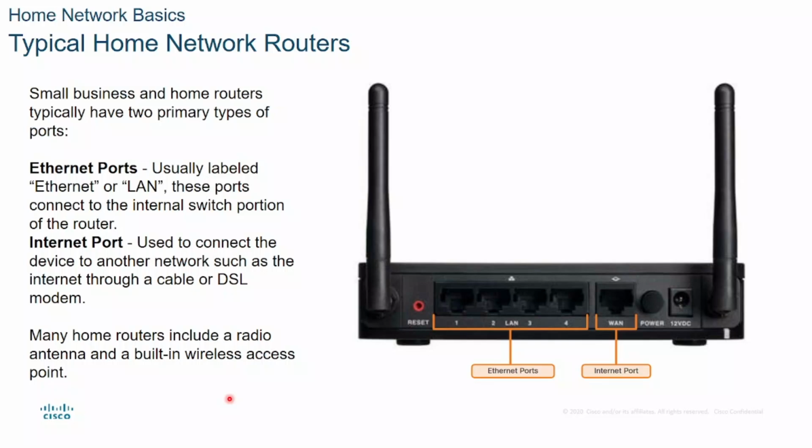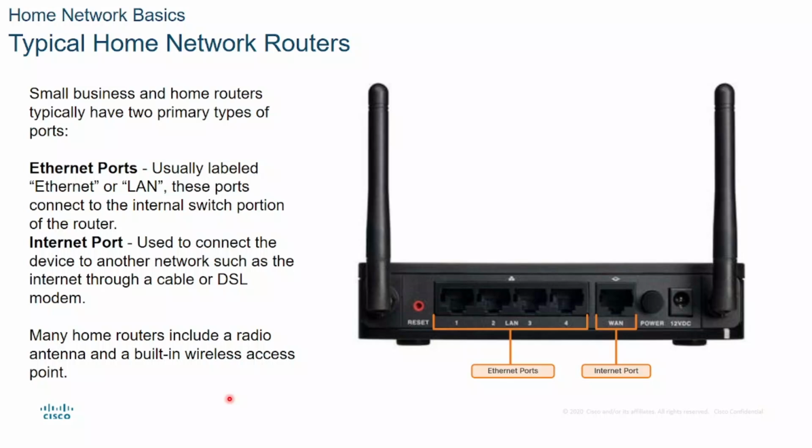There is the Ethernet port, which is usually labeled Ethernet or LAN. This port connects to the internal switch portion of the router. Then there's the internet port, which is used to connect the device to another network, the internet, such as through a cable or DSL modem.